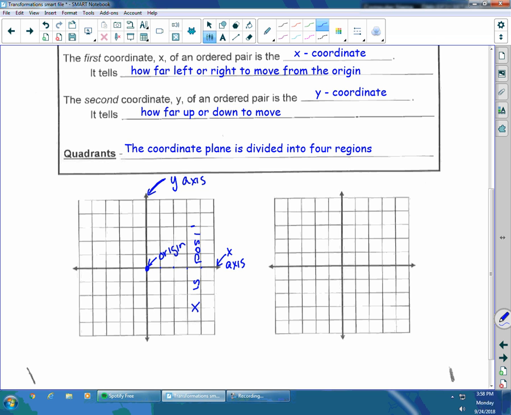There we go. If we're moving to the left of the origin, that means your x is negative. From the origin, if my y has me moving up, that means my y is positive. If it has me moving down, that means my y is negative.